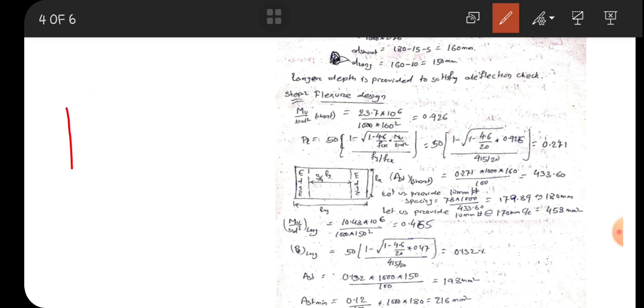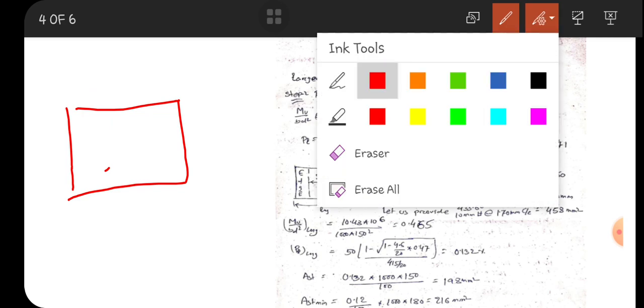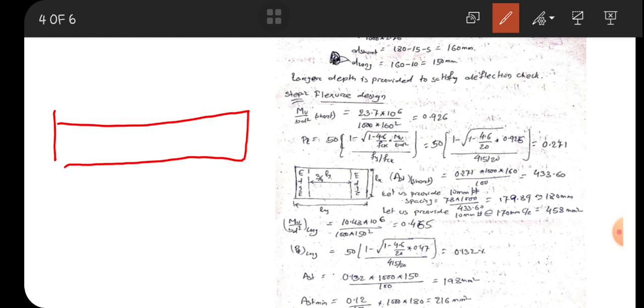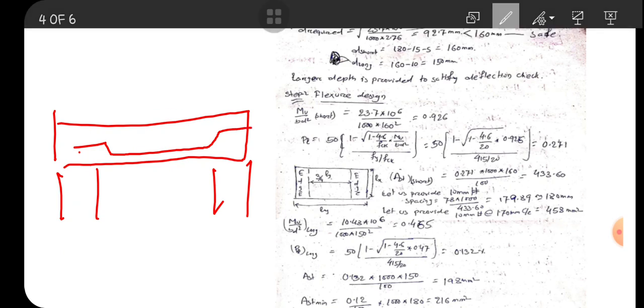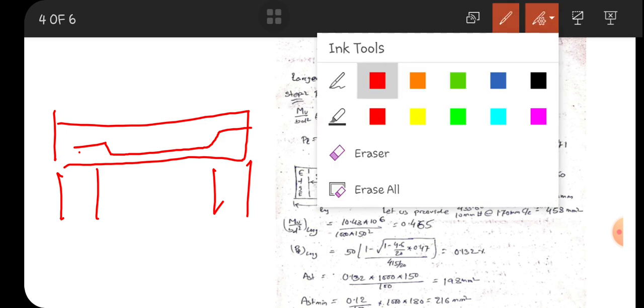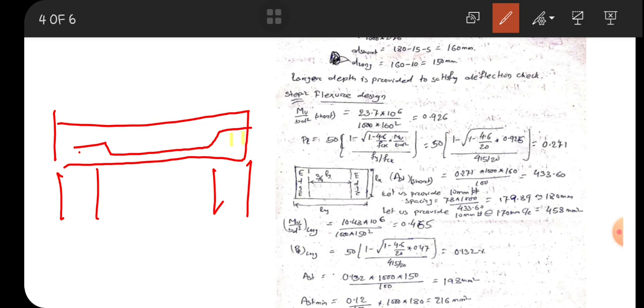If this is the slab, and this is the cross section of the slab, if one bar is provided like this and the other bars like this, these bars are like this and these bars are like this.